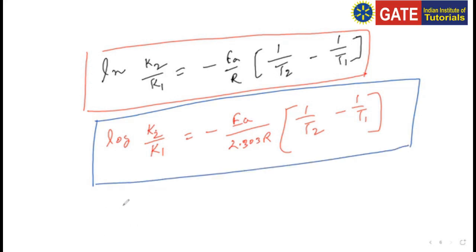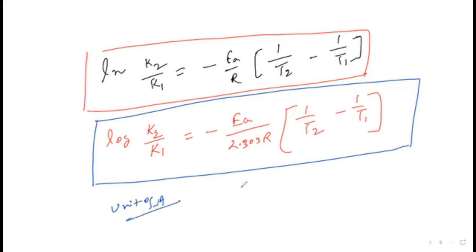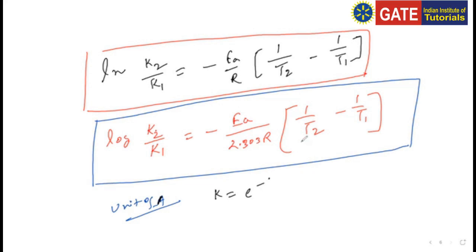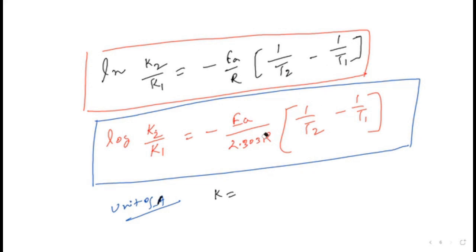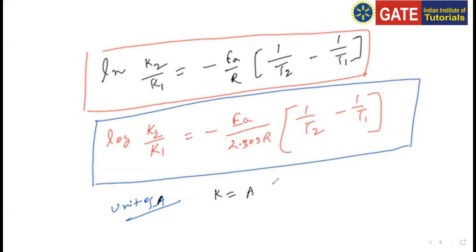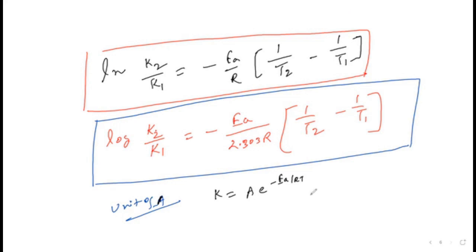Another very important point is the unit of A. What is the unit of A? Look at this from the equation. We know K is equal to A e to the power minus Ea by RT, right? But we also know that the exponential part is unitless.